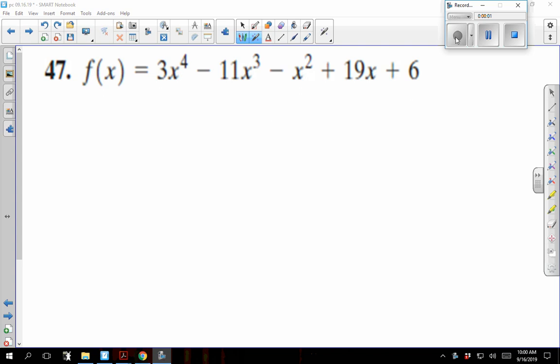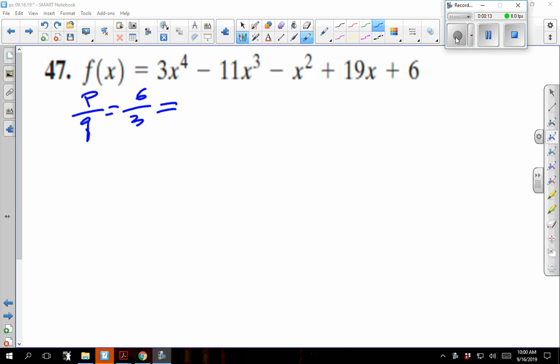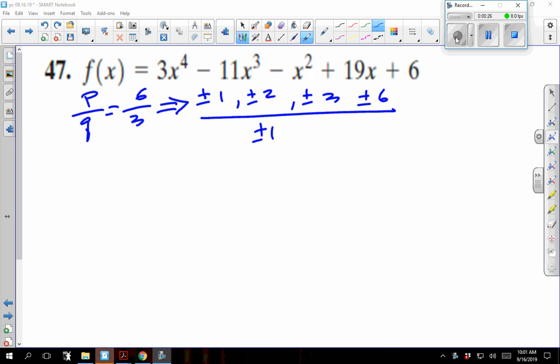We've got to start by finding the possible rational zeros. Your P over Q is equal to 6 over 3, which implies plus or minus 1, plus or minus 6, plus or minus 2, plus or minus 3, divided by plus or minus 1, plus or minus 3, which will possibly create fractions if need be.